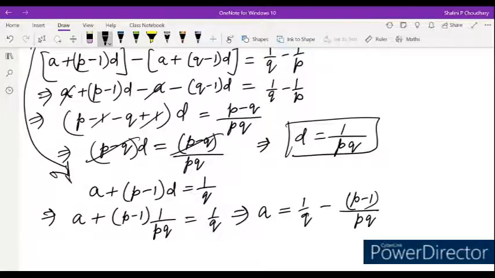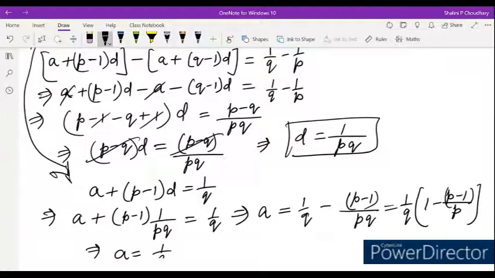Okay, so 1 upon q we can take common. So what we are getting? We are getting 1 minus (p minus 1) upon p. Okay, so it means a will be equal to 1 upon q into (p minus (p minus 1)) upon p.